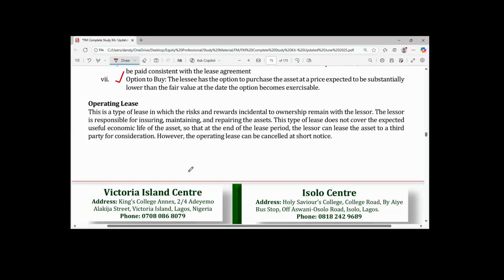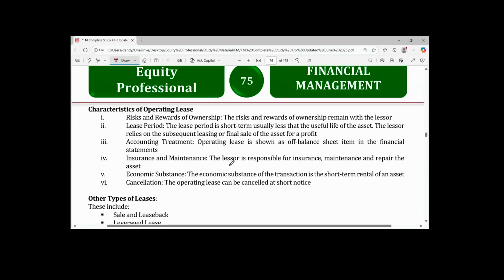Now, what are the characteristics of an operating lease? We've mentioned some of it. Number one is that the risk and reward incidental to the leased asset remain with the lessor. Okay, so once you know that the lessor is the one doing the upkeep and maintaining the asset, that means it's an operating lease. Not only that, the lease period of an operating lease is very short. Okay, it's a short term, unlike the finance lease that covers substantially the economic working life of the asset.